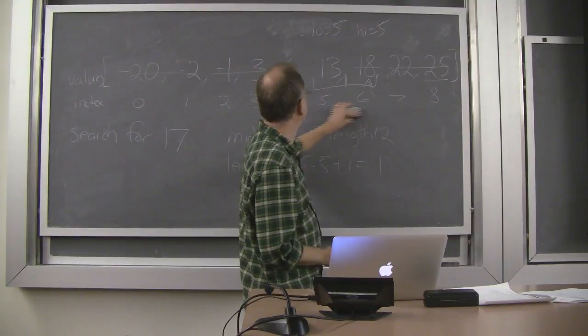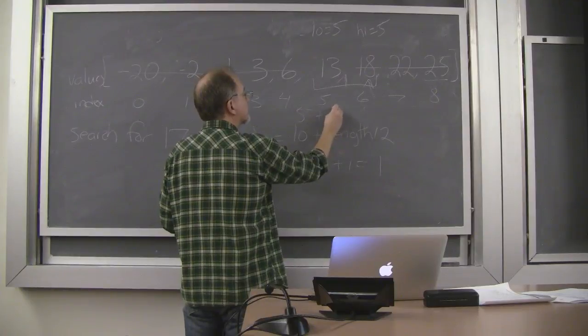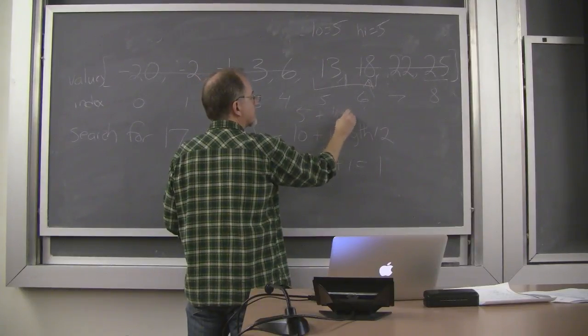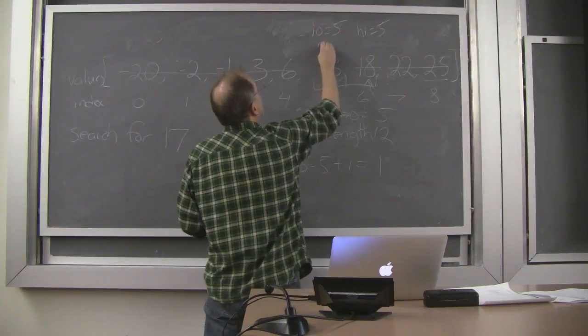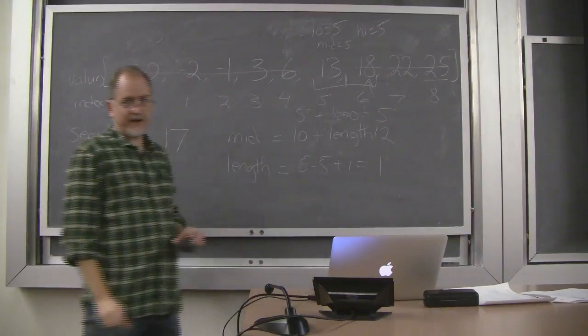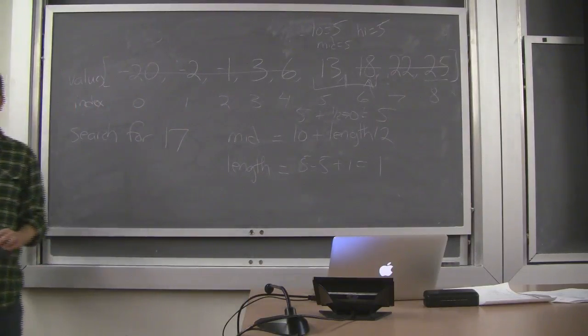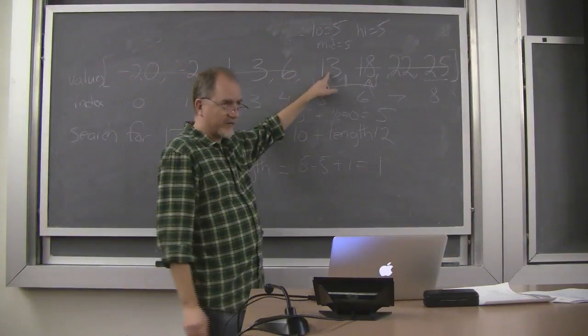Low is 5 plus 1 divided by 2, which goes to 0, so it equals 5. So low is 5, high is 5, mid equals 5. We're all kind of the same here. Is 13 equal to 17?